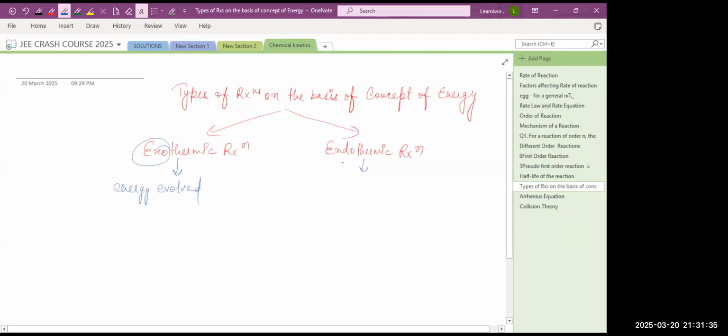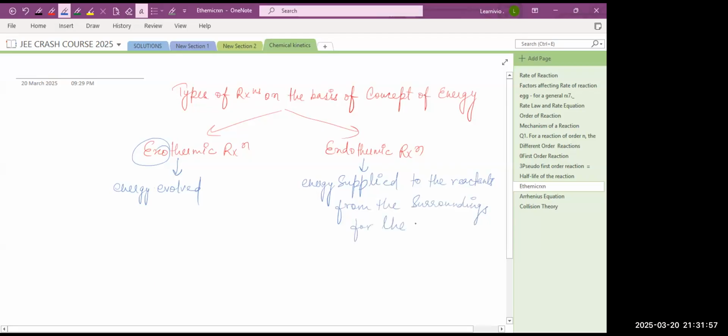It is a reaction in which energy is supplied to the reactant from the surroundings for the reaction, right? So these are exothermic and endothermic types of reaction.